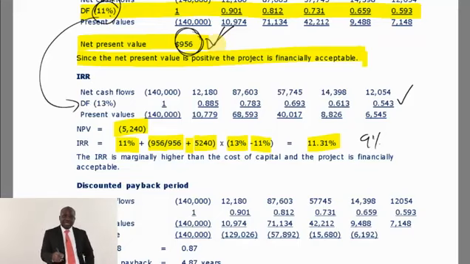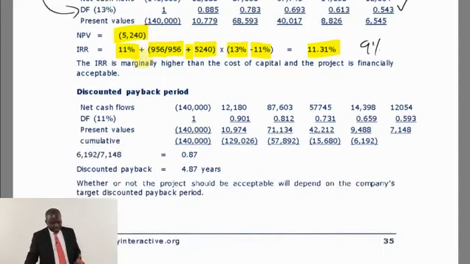So automatically, the rate that will bring the NPV to 0 should be higher. NPV and cost of capital are inversely related because cost of capital is cost and NPV is profit, and profit is always inversely related to what? Cost. So that is the case.